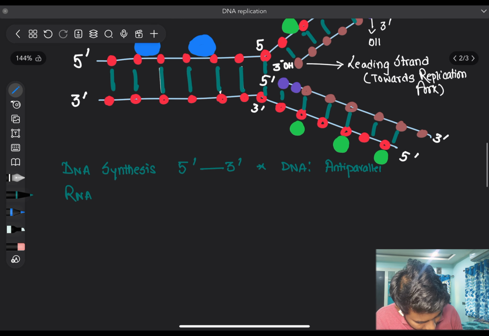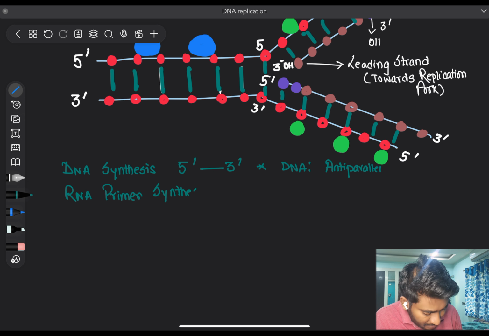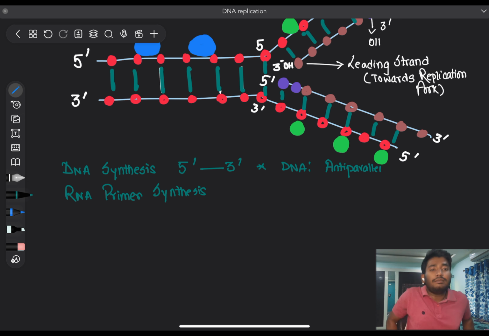RNA primer synthesis is done by the primase enzyme. RNA primer synthesis is performed by the primase enzyme.